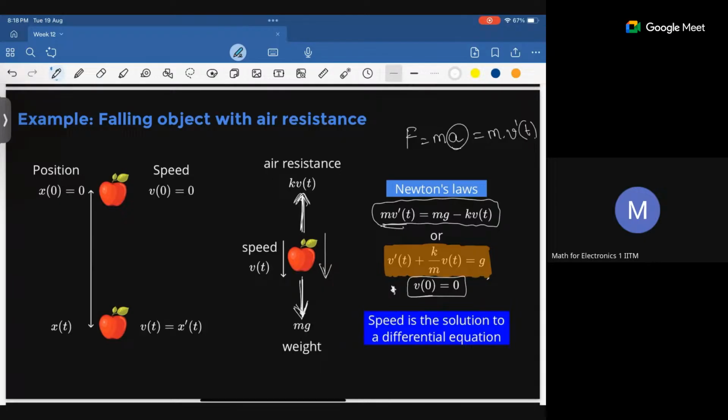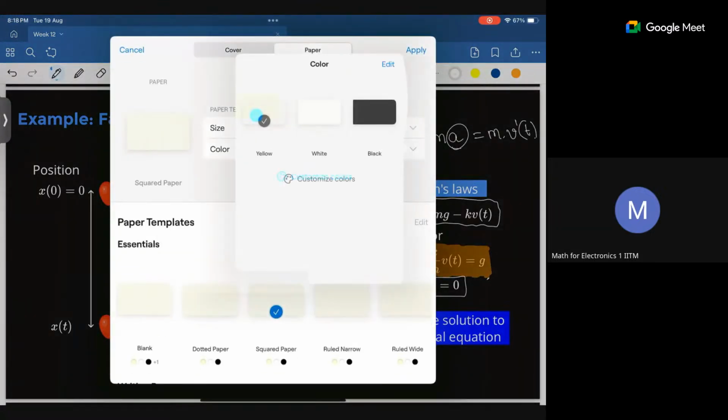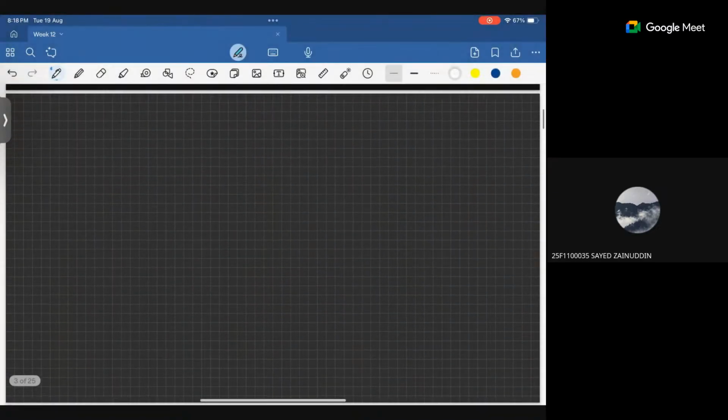Okay. So along the same lines, if it is a falling object, this is how the equation will be. What if it is thrown upwards? Any thoughts? How will the differential equation look? The sign will change, right?